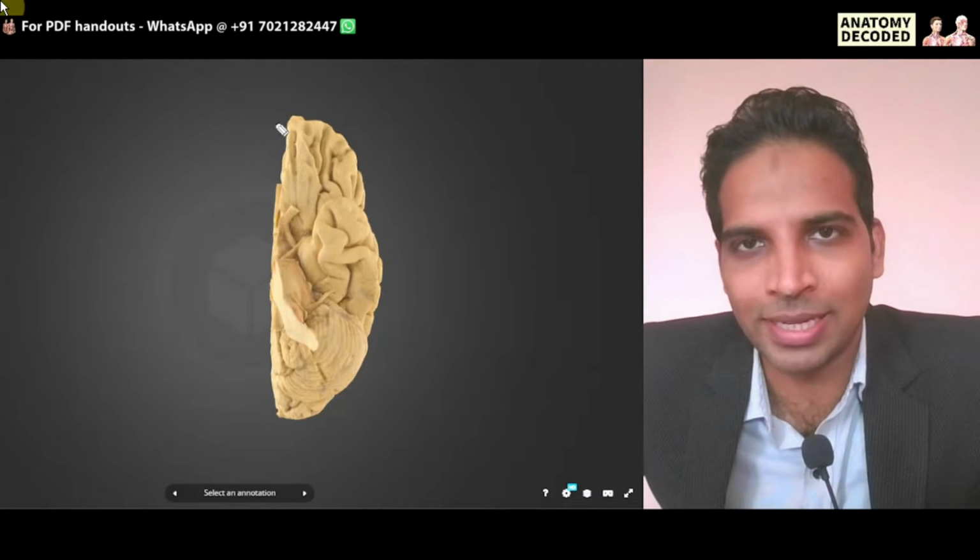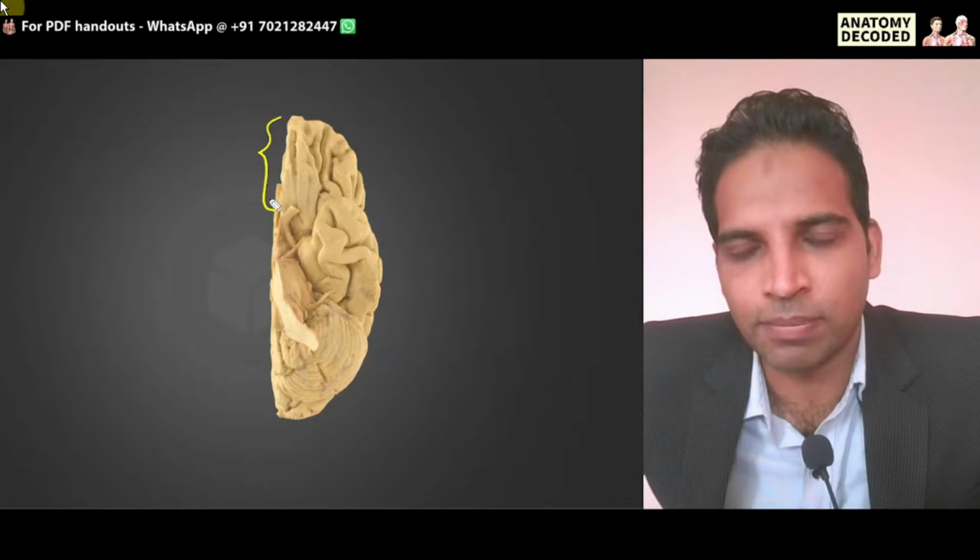On the inferomedial aspect, there is a part which is referred to as the medial orbital border. Then there is a part which is referred to as the hippocampal border. And there is one more part behind that is referred to as the medial occipital border. Okay.